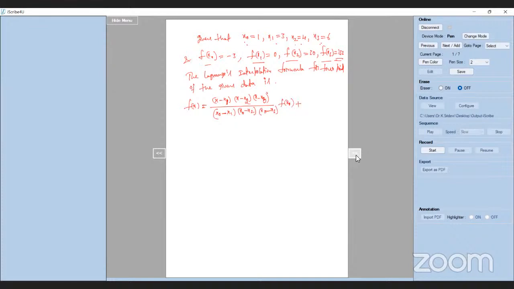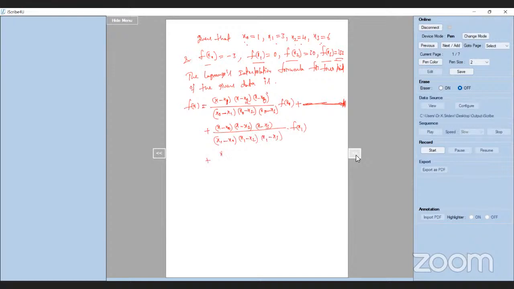Plus the second term is related to f of x1. So you can write like this. f of x1. x minus x naught, x minus x2, x minus x3. x1 minus x naught, x1 minus x2, x1 minus x3 into f of x1.